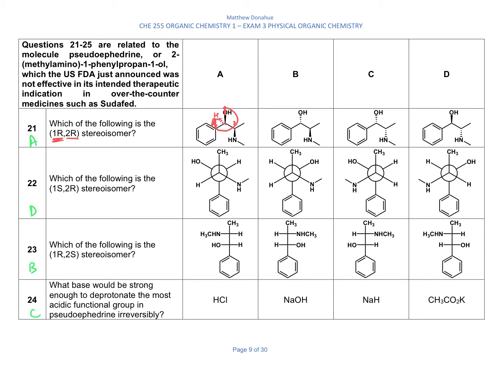So that is the 1R. Let's do some erasing. Now we'll go to carbon 2. Hydrogen's going back, nitrogen's 1, carbon with 3 hydrogens, oxygen, that's 2, 3, we're going clockwise, so that is 2R. So A is the winner here.